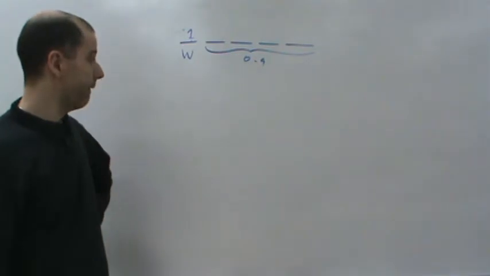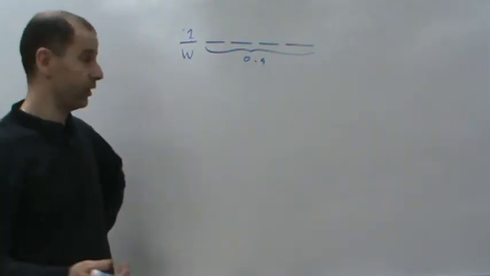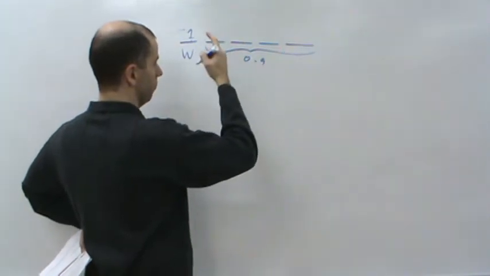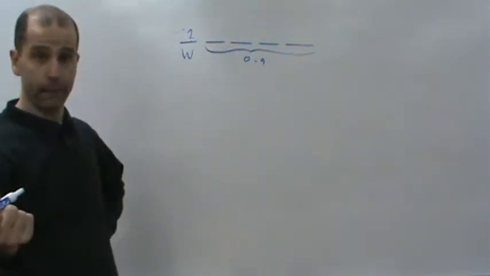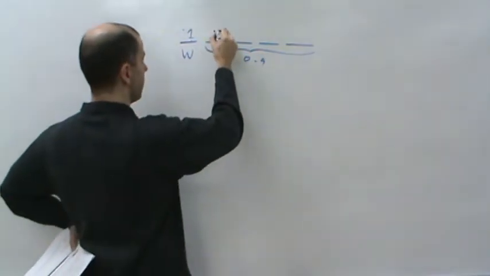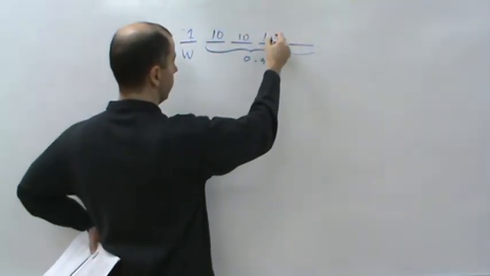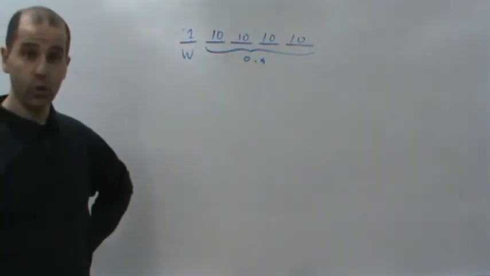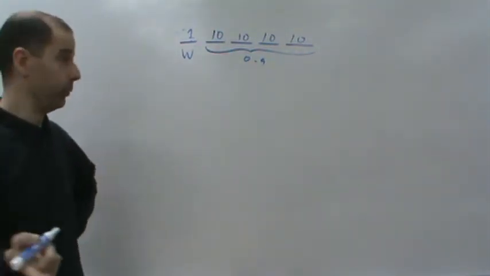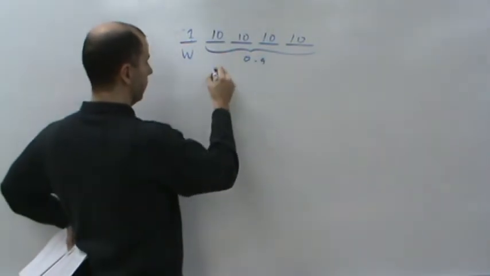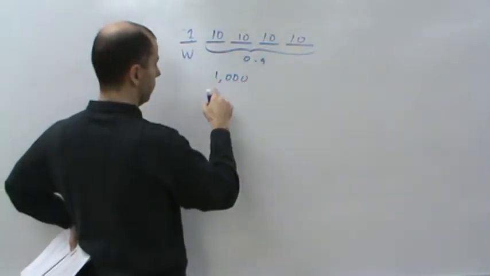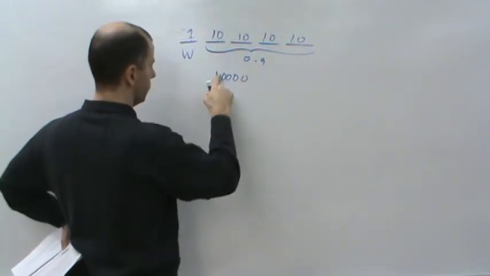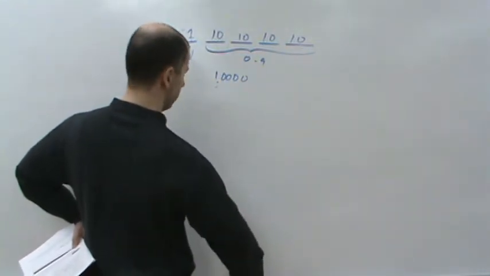Well, if I allow for repeats, I could have 0000, 9999, right? So that means I have 10 for this one, 10 for this one, 10, and 10. So how many possible student IDs can I come up with? Well, it's going to be 10,000.